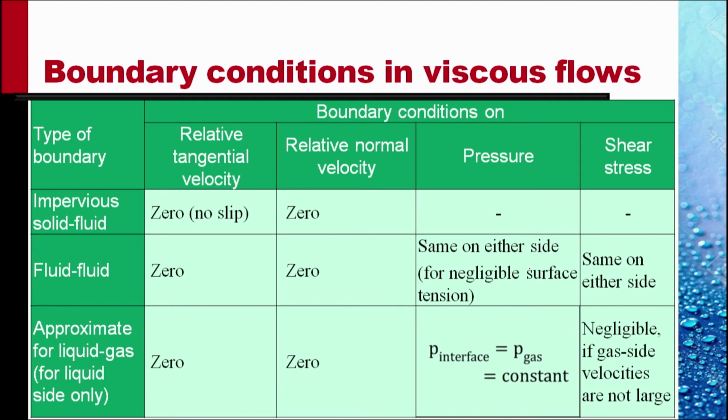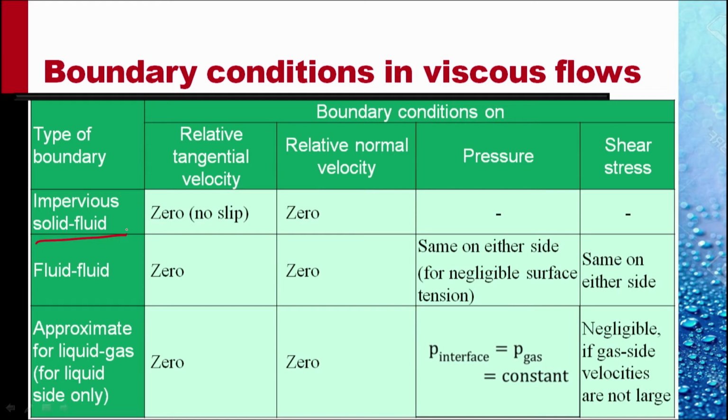We summarize the boundary conditions in a viscous flow by this table. At an impervious solid fluid boundary, there is no relative tangential velocity, zero slip. There is no relative normal velocity, impervious solid. There are no conditions on pressure and shear stress.